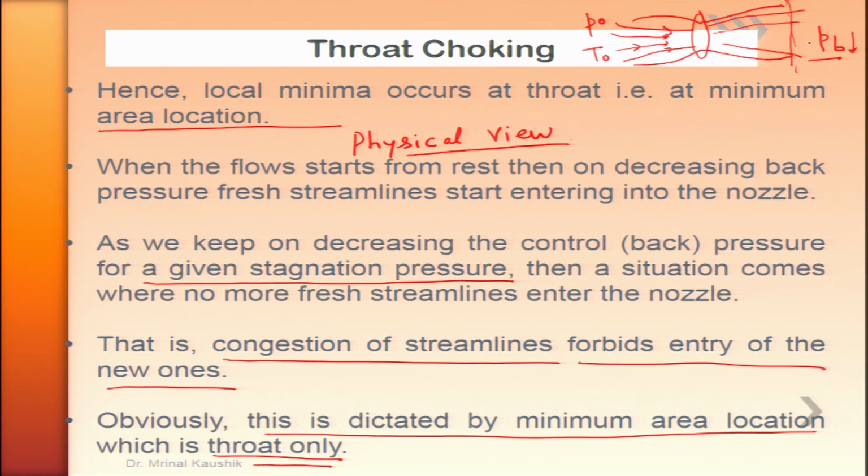Even with further decrease of the back pressure, once mass choking has occurred at the throat, the mass flow rate does not increase for a given set of P naught and T naught. That means if you want to increase the mass flow rate, you need to change the upstream stagnation condition.